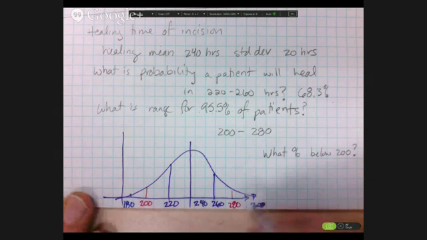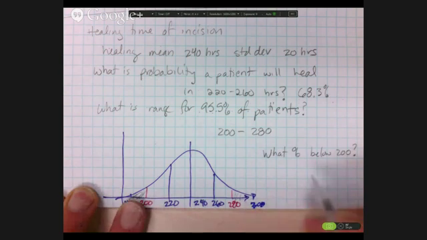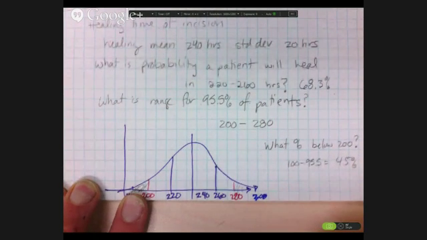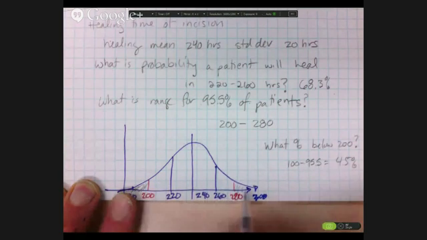Right. So outside of here, both top and bottom, is 4.5%, right? Because this is 2 out. So that's 95.5% in here. So we take 100 minus that and now divide it by 2.